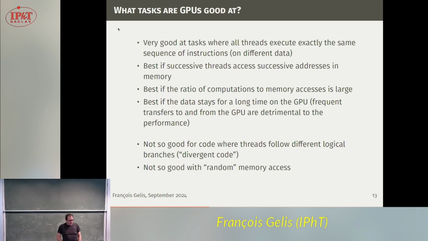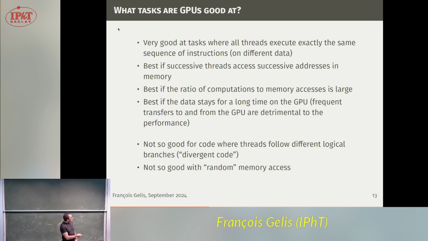This is called divergent code, and for this GPUs are not good at all. And as I said before, they are not so good if the pattern of memory access is kind of random instead of being sequential.